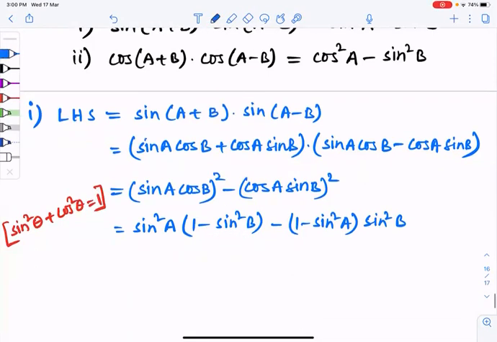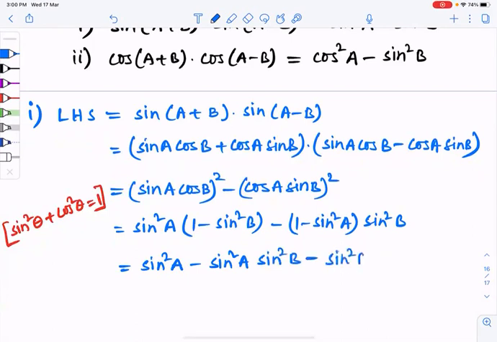Okay. Now, we just multiply them. Sin²A into 1 minus sin²B, minus 1 into sin²B, minus sin²A, this is minus, this is another minus, so minus into minus will become plus sin²A into sin²B.